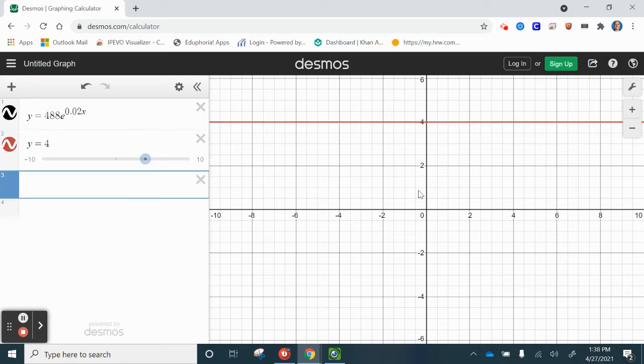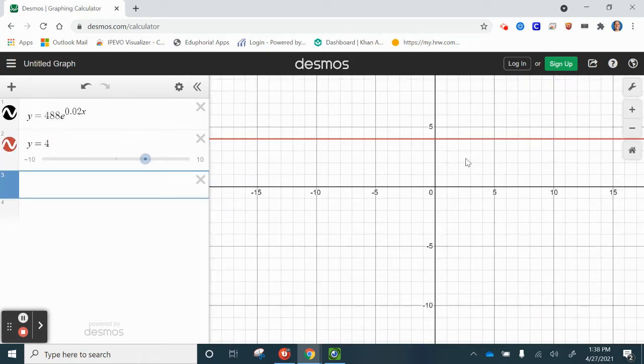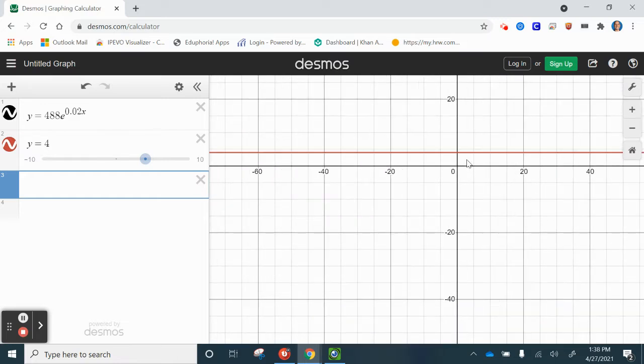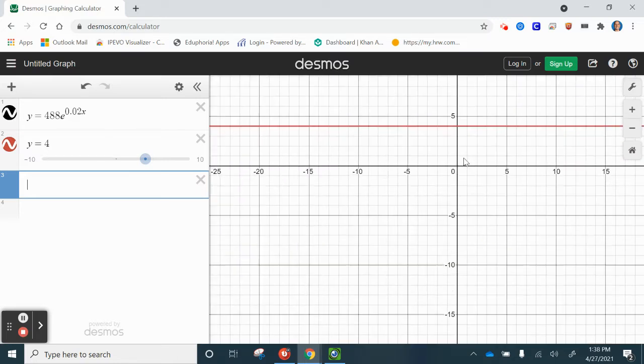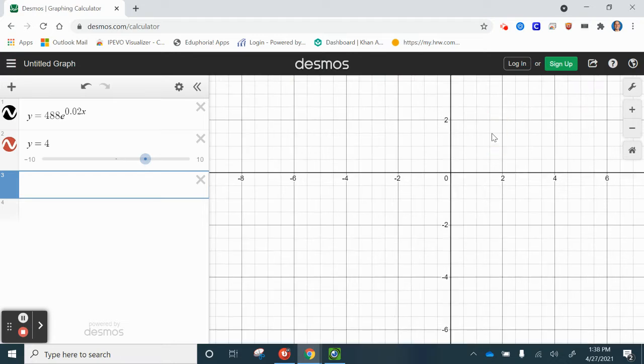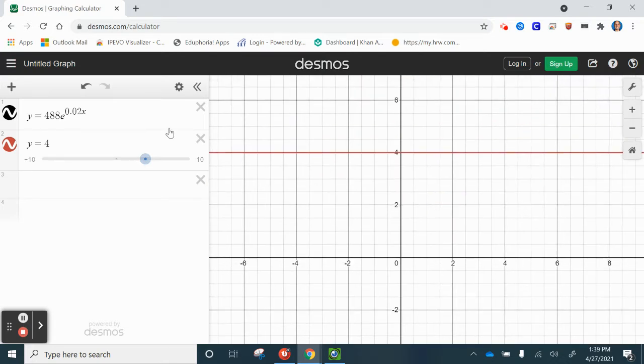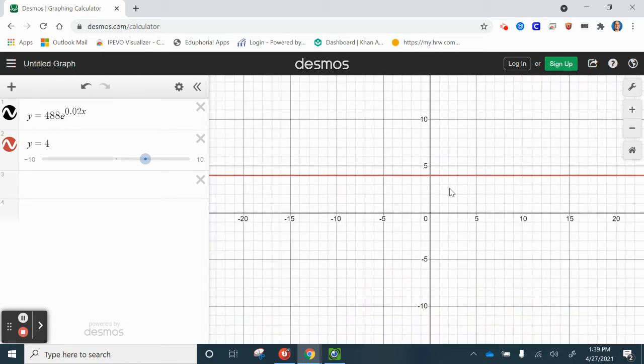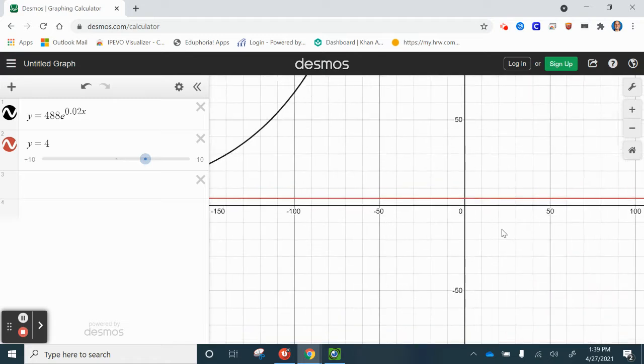Then we're going to zoom out. We zoomed in, so it looks like we're going to have to zoom out until we see the graph.